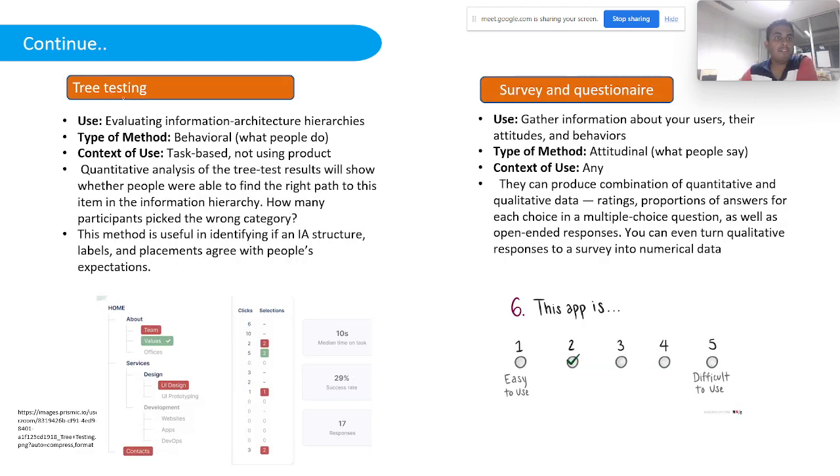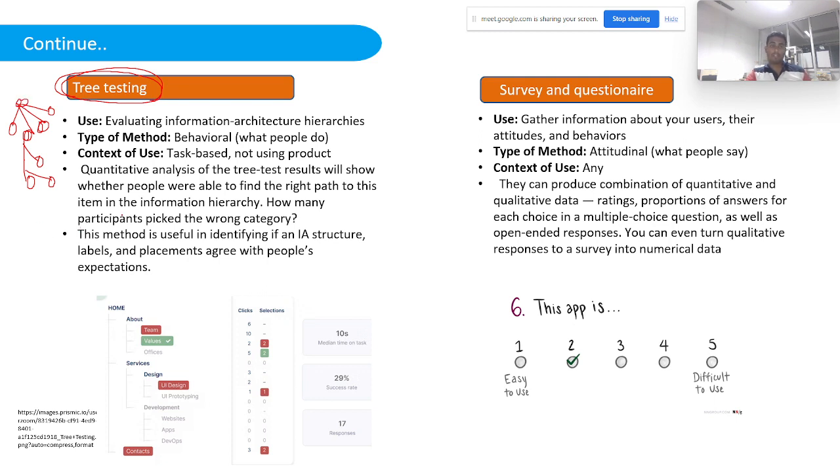Okay. Next is tree testing. So tree testing we already discussed. This is also similar to card sorting, but card sorting we use generally to create the information architecture. Tree testing, what we do, we use to analyze or to evaluate the position as well as the occurrence of a particular level inside an information architecture in a hierarchy.